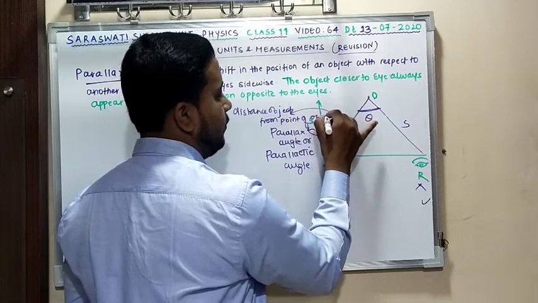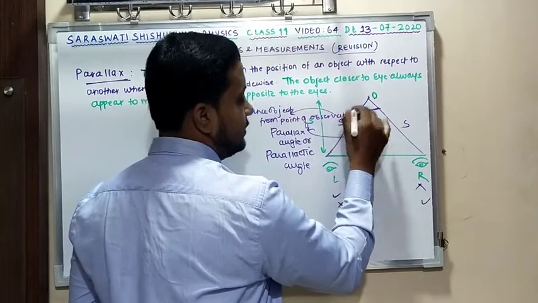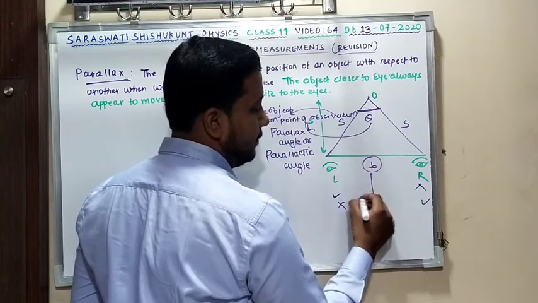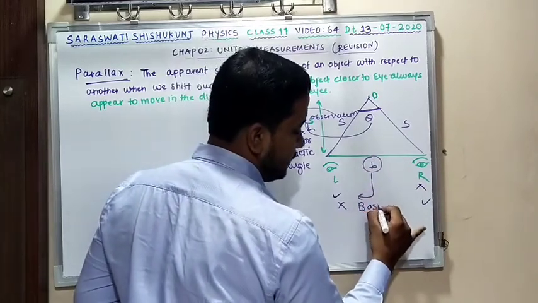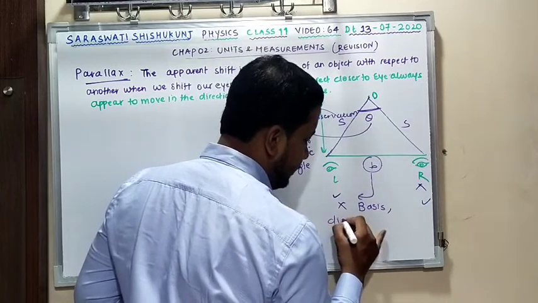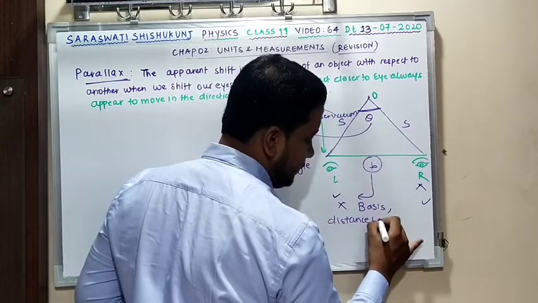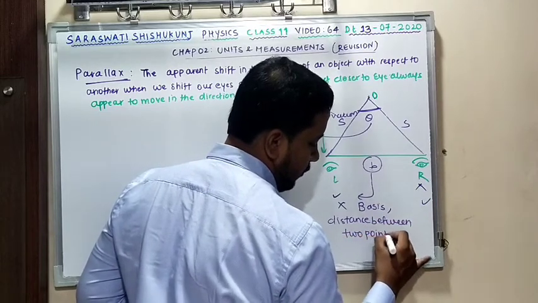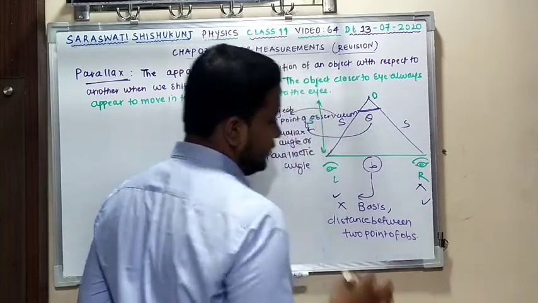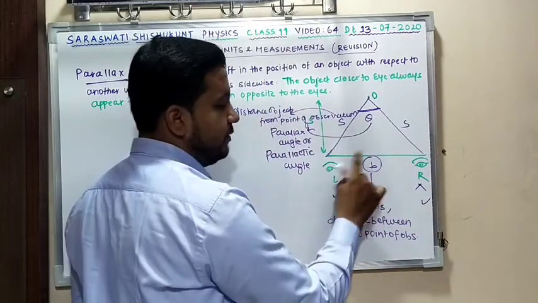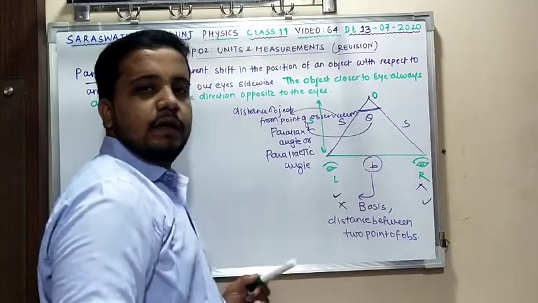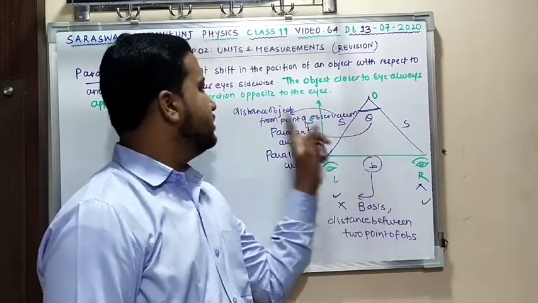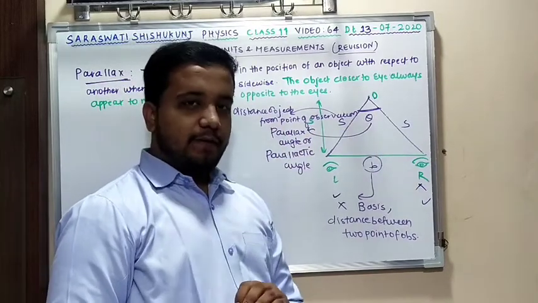And the distance between two points of observation is known as B, the basis. The angle subtended at the object by the 2 points of observation is known as the parallax angle or parallactic angle. Till this is clear?